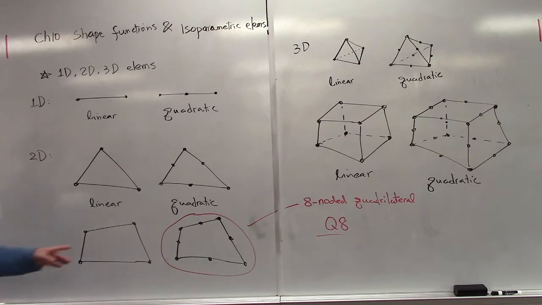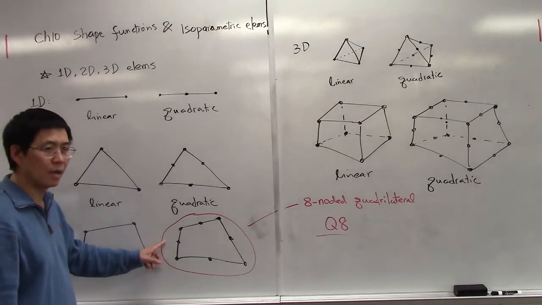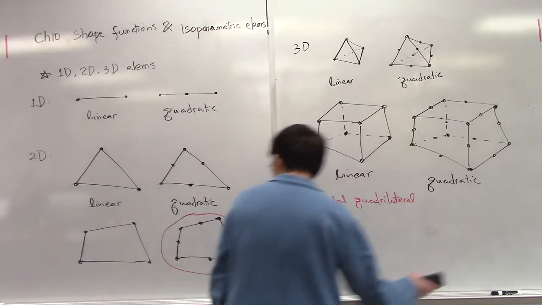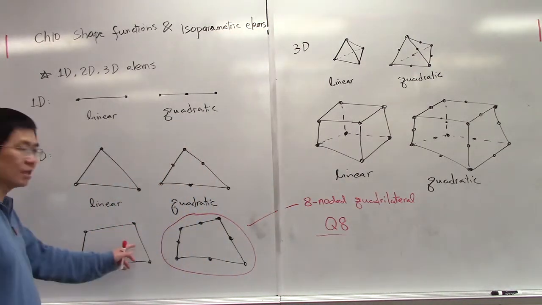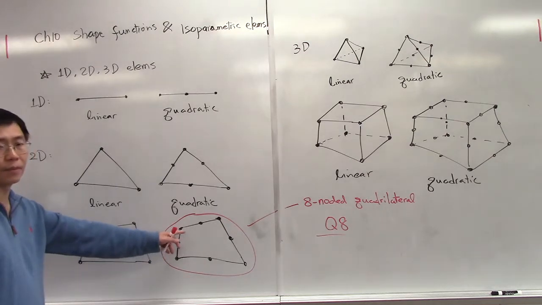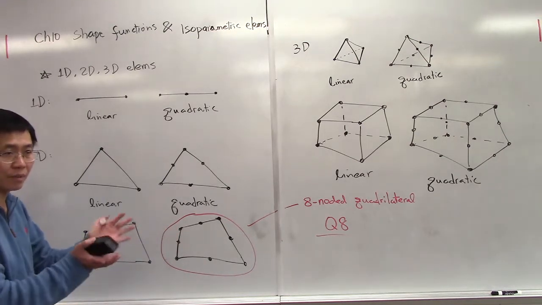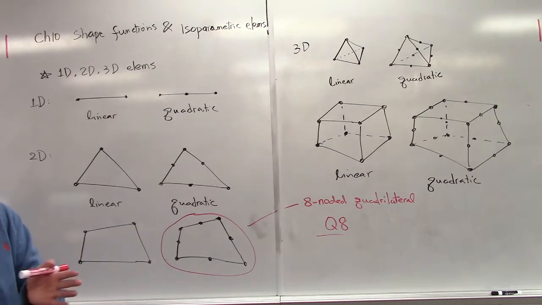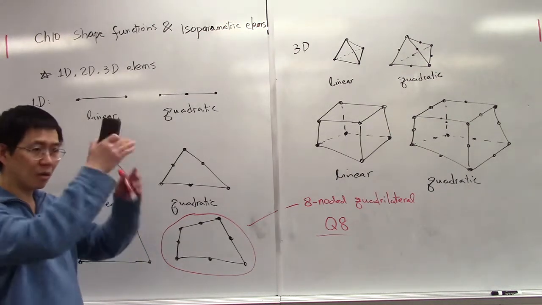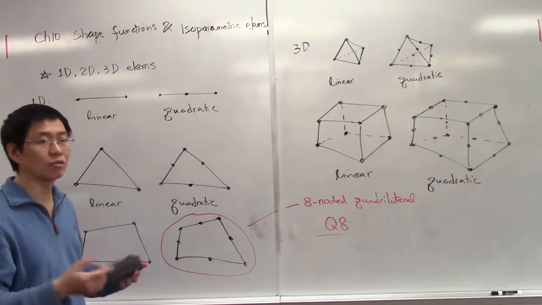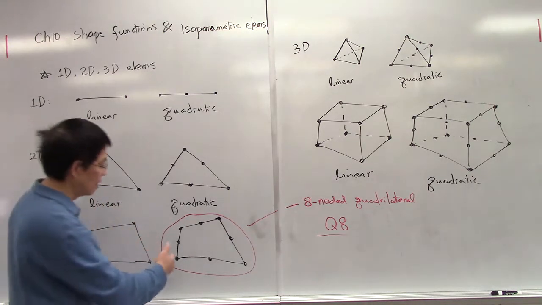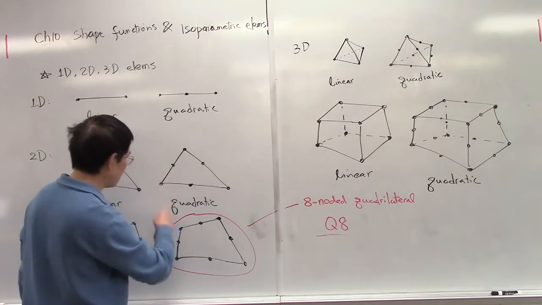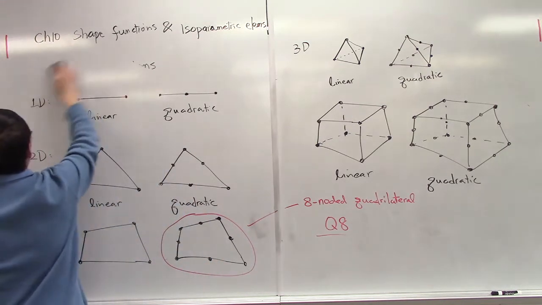All right, if we do that, what will be the shape function? Let's derive this. When I draw it like this, it is in the global coordinate, so it may not be regular in shape. When we map this into the natural coordinate, it will be a regular, actually a square, because here will be from -1 to 1, and here will also be -1 to 1. It's a very regular square, okay?